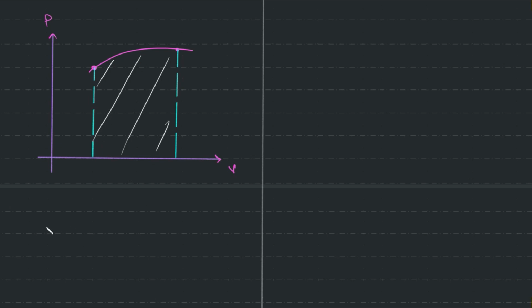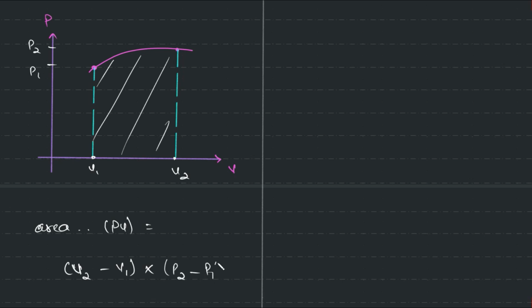In terms of formula, the area under the graph in a PV diagram will be what? Obviously, it will be V1 minus V2, or V2 minus V1 actually. V2 minus V1 is nothing but a change in volume. And when it comes to pressure, it is P1 minus P2, or sorry, P2 minus P1.